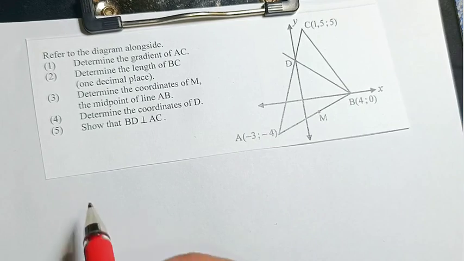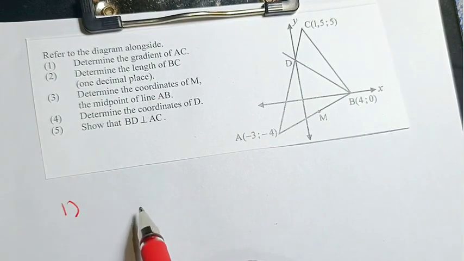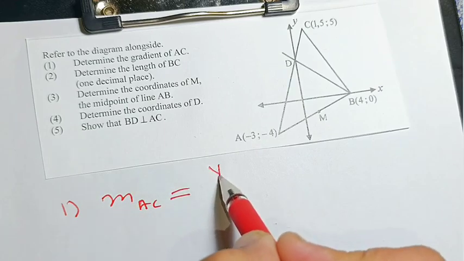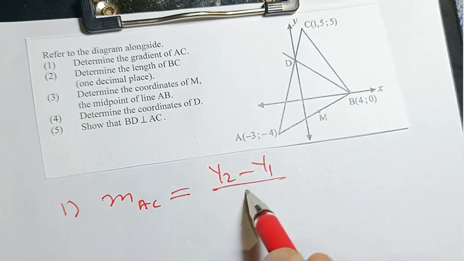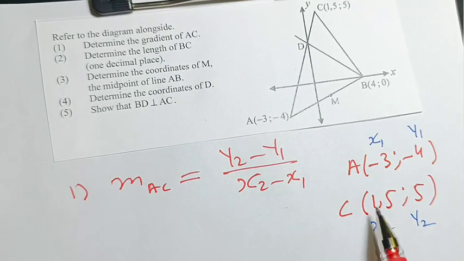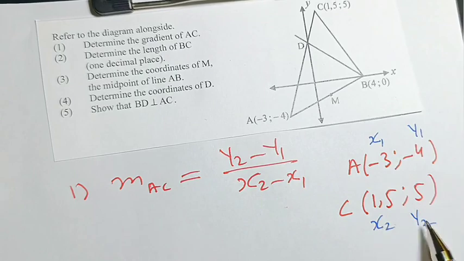The first one, the gradient of AC. I'm going to apply the formula y2 minus y1 over x2 minus x1. So I need to find AC. These are the coordinates of A and C, x1 and y1, x2 and y2.